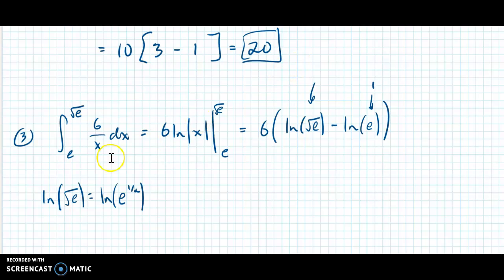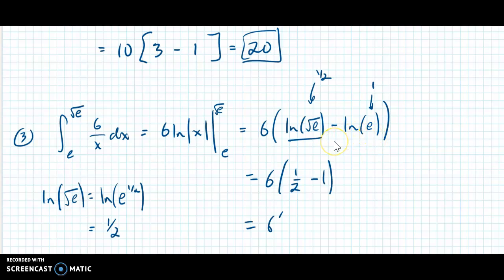So now I can do my cancellation. ln of e to the half is just a half. From there, I get equals 6, open parentheses. This guy is a half, so times 1 half minus 1, which gives me 6 times a negative half, which is a negative 3.